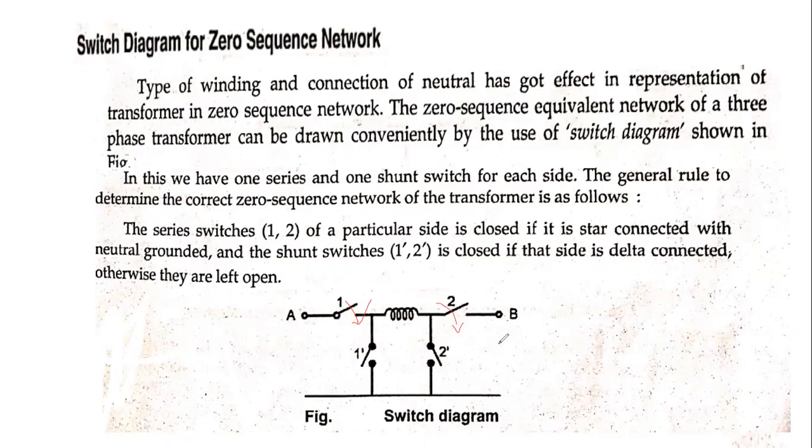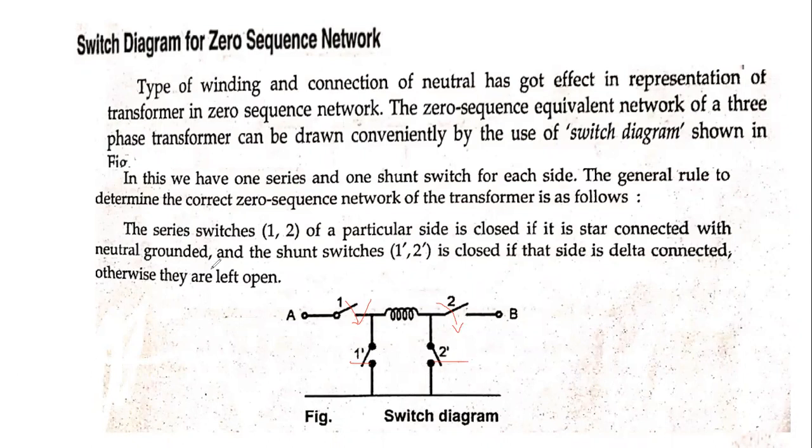closed if it is a star connection with neutral grounded. And the shunt switches, that is 1 dash and 2 dash, are closed if that side is delta connected, otherwise they are left open.